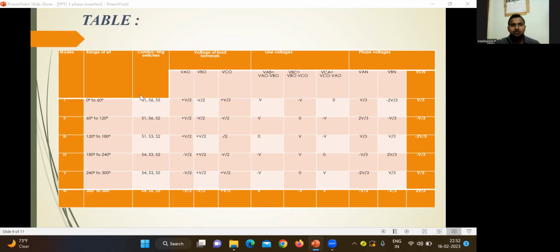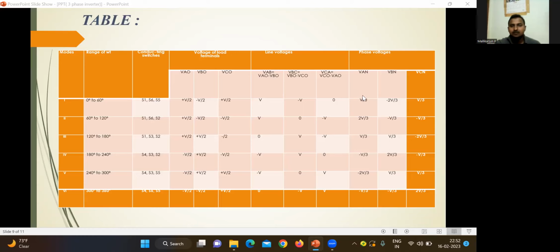So this is the first mode, from 0 to 60 degrees. Here S1, S5 are the positive group, the upper side of the thyristors, and S6 is the negative group, the lower side of the circuit diagram. S1 means phase A, S5 means phase C.